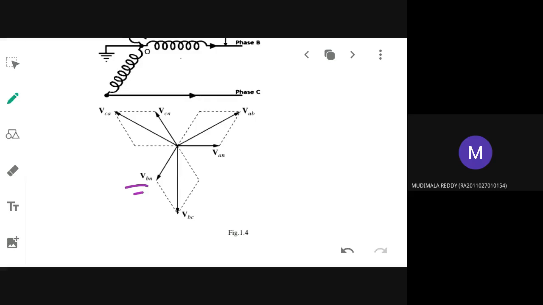And what is the angle existing between VAN and minus VBN? 120? Not 120. How is it 120? Half the angle only. What is half the angle? 60. 60 degrees. So what is the vector sum? You have to tell me. Are you getting the proof valid or not valid? You have to tell me.